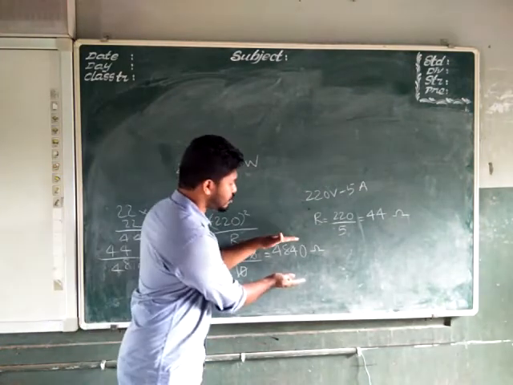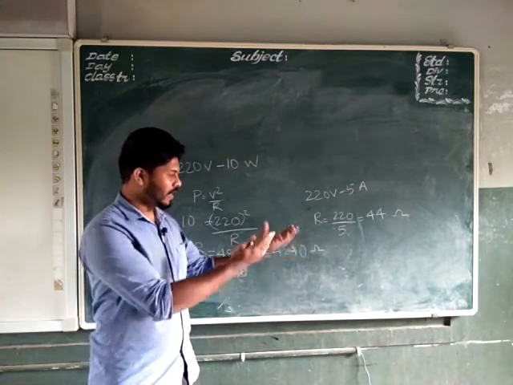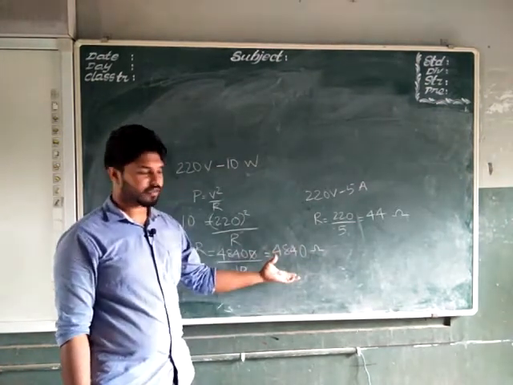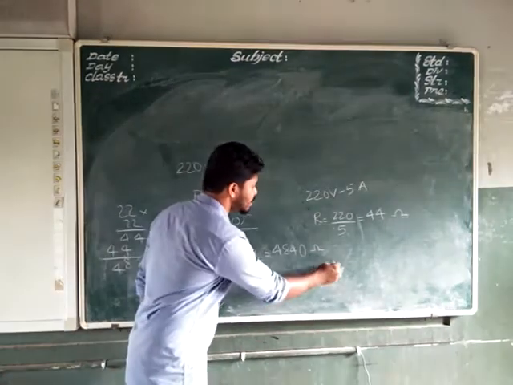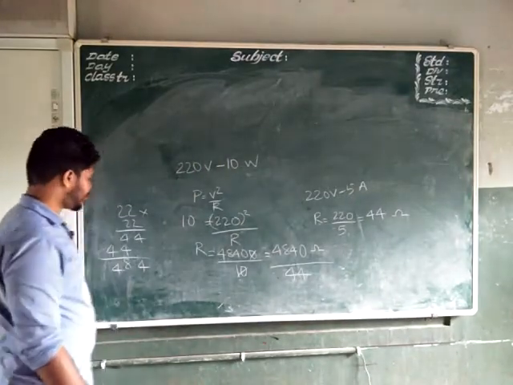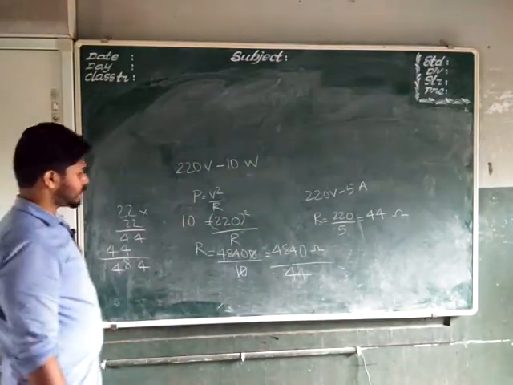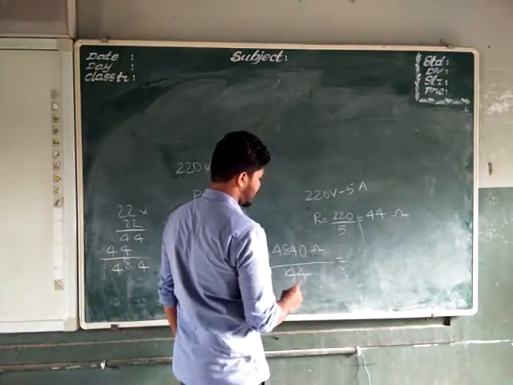If we connect two bulbs of the same kind, the resistance will be reduced to half. So we have to connect as many as possible. How to check for that? Just divide this quantity by 44.